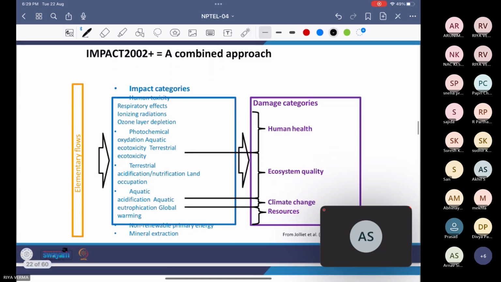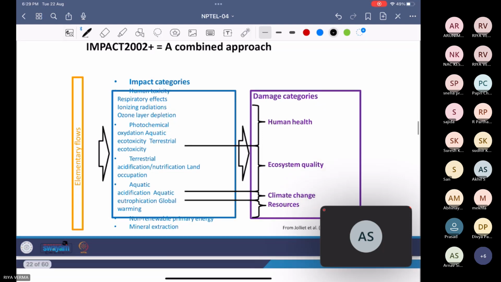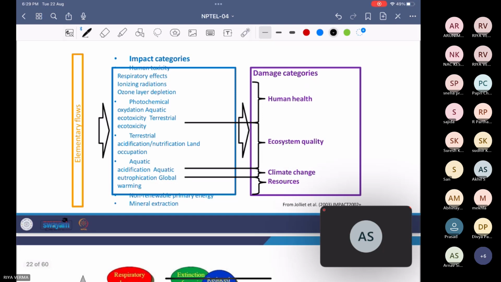So we have all the elementary flows, we have certain impact categories, and then we try to categorize them into certain damage categories. For example, all these impact categories cause damage to human health.